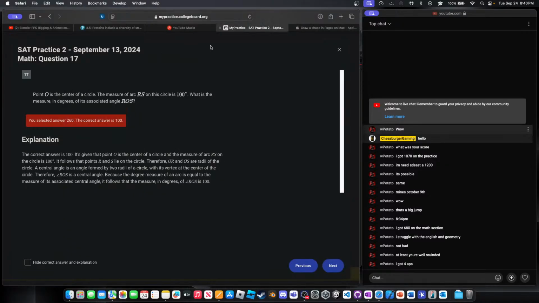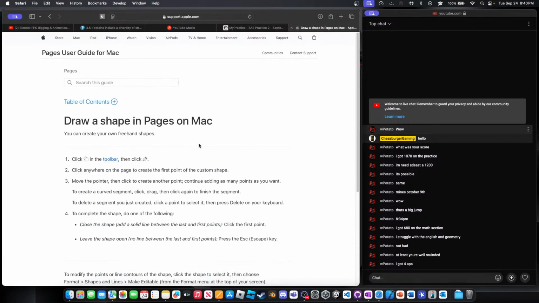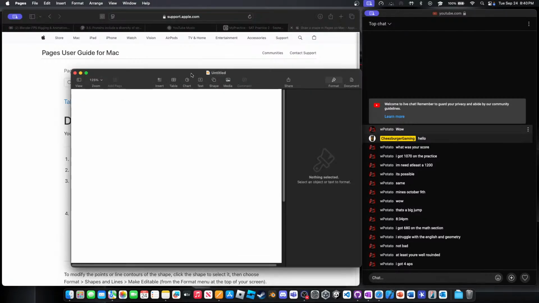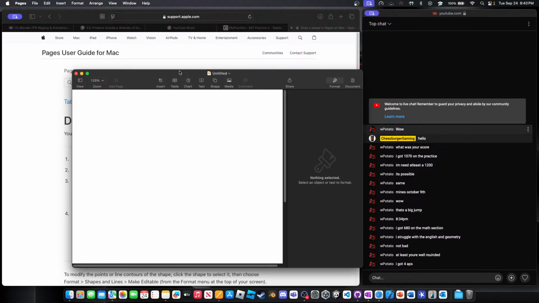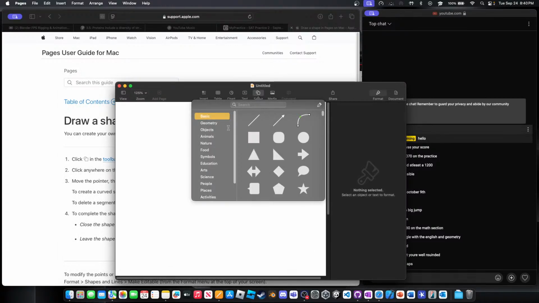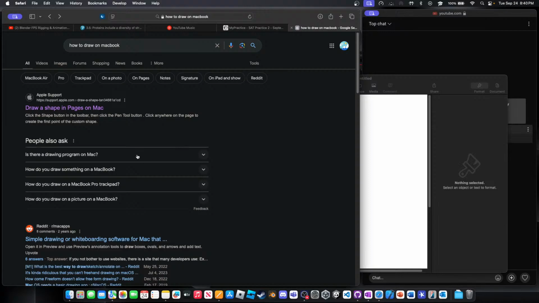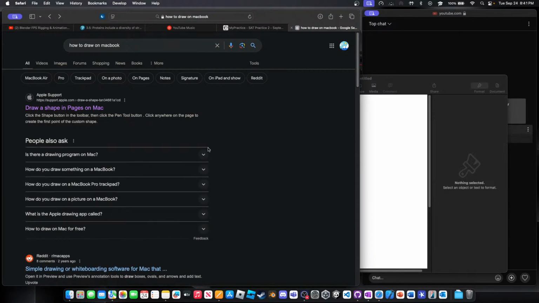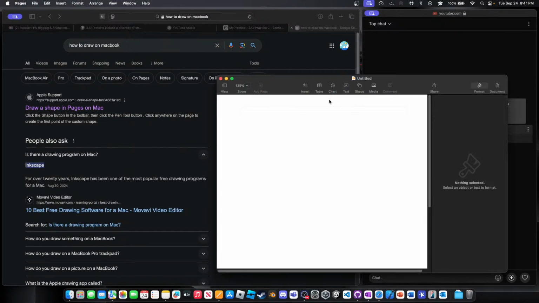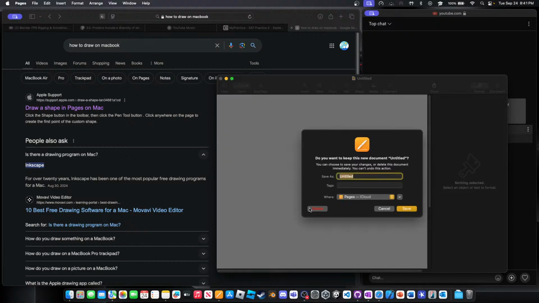That is not. Click that in the toolbar. Shape. I don't want to draw shapes. Delete.